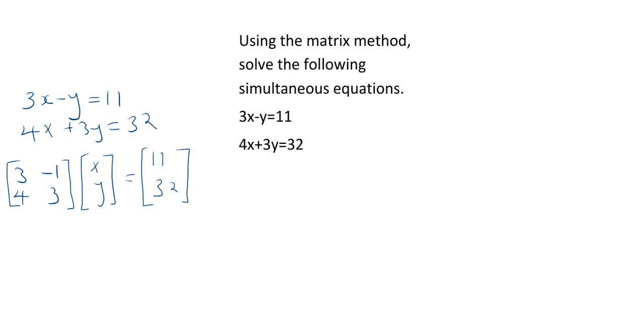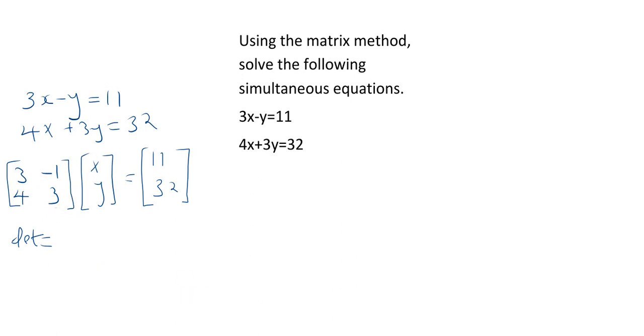After extracting, you find the inverse of this matrix, then you multiply with it both sides. So we are going to find the determinant of our matrix. Determinant is given by the principal diagonal, that is the product of these two, minus the product of these two.